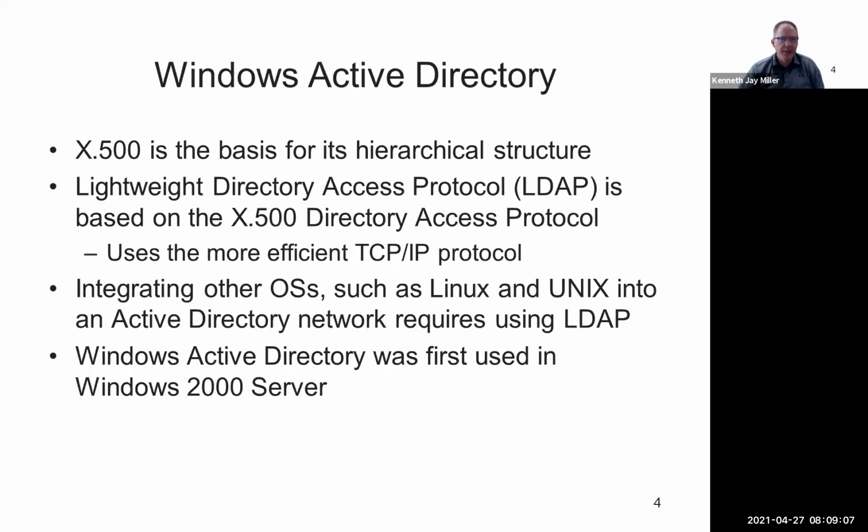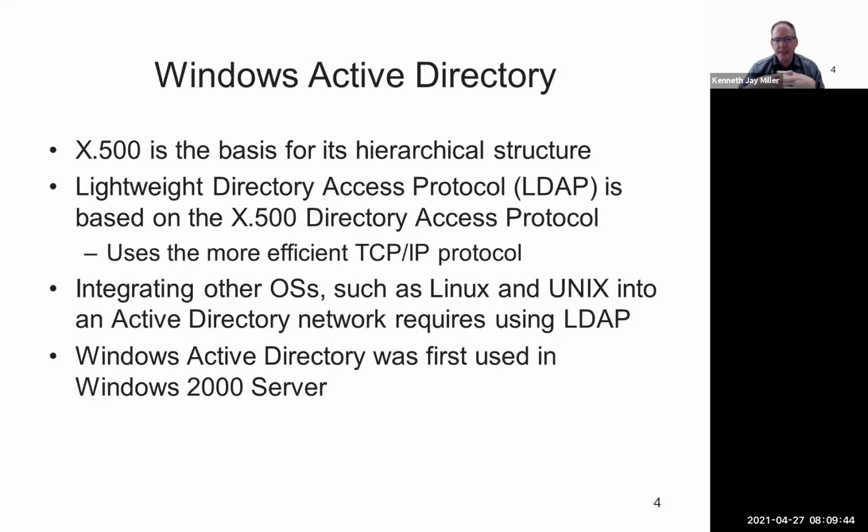Those same steps or those same ideas really will help us when we look at planning and the setup of Active Directory. So early protocols that were utilized, and we know in networking, protocols are communication languages, basically, that allow different systems to communicate using the same language or the same protocol. And the first one that was introduced to work with these directory services was the Lightweight Directory Access Protocol.